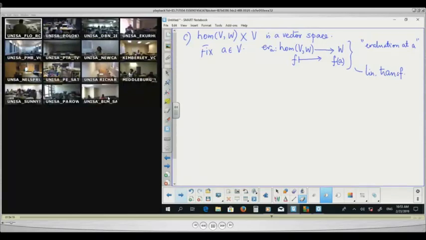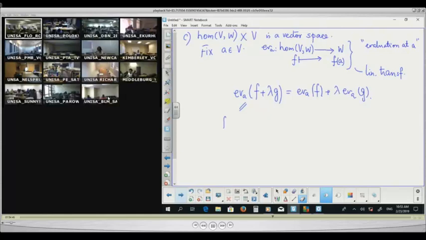Don't get bogged down by this. So what do I have to do? I have to show this. Right? But let's see, what is this? This is a linear transformation.